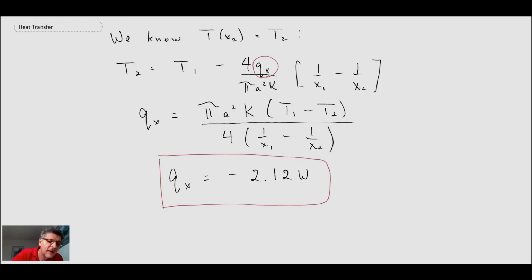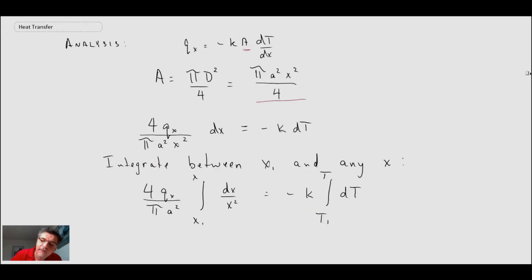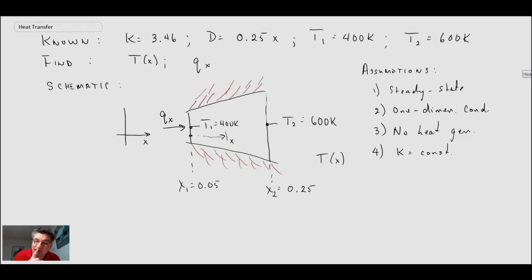Well, if we go back and take a look at our schematic, which was right here, we said that x positive was going in this direction. And notice we're going from a low temperature, 400, up to a higher temperature, 600. Consequently, heat is going to flow from the hotter temperature to the lower, so really the heat flow is in that direction, opposite the direction that we've shown it.